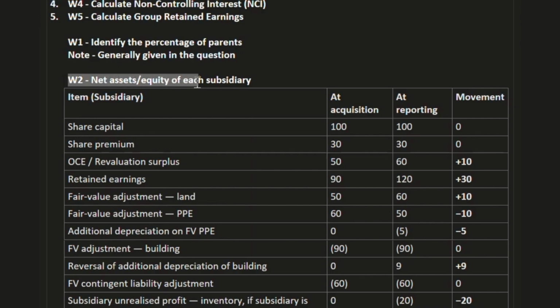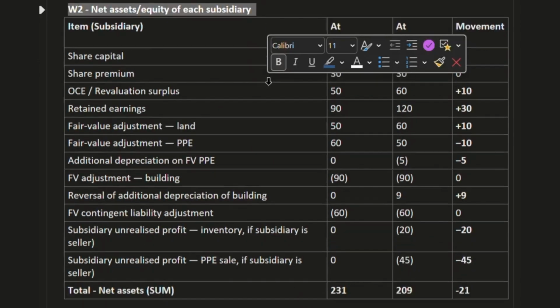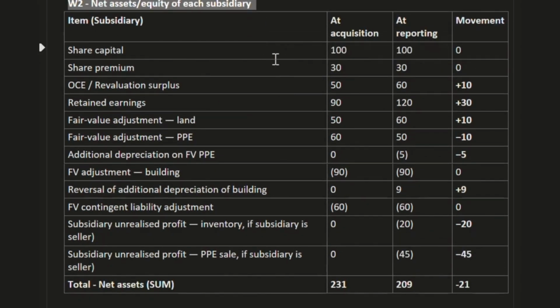Working 2, net assets or equity of each subsidiary. How to calculate this? Share capital, share premium, all this we have. First, let's start with share capital. 100 at acquisition date, at reporting date we have 100. So there is no movement. Share premium we also have 30 at acquisition date and 30 at reporting date, so no movement.